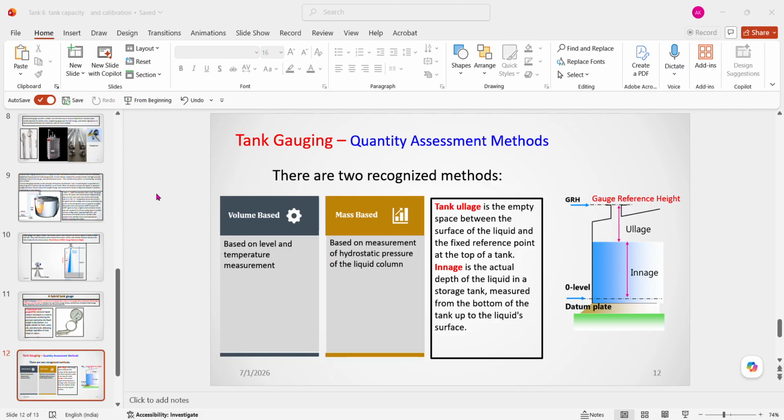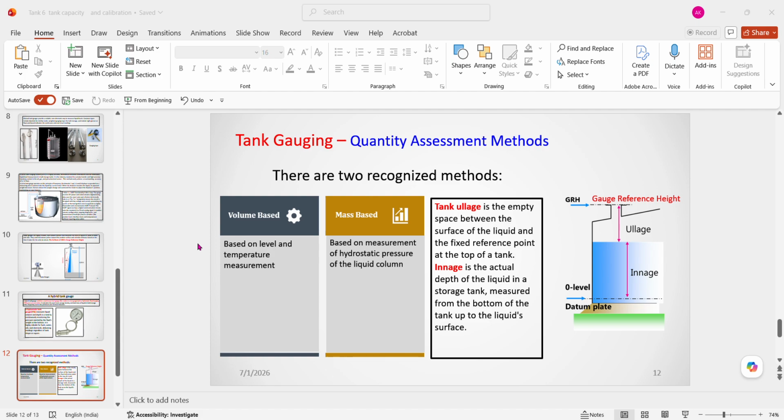The technologies are manual gauging, float and tape gauging systems, servo tank gauge systems, and ATGs. We have already discussed the servo tank. What is a servo tank? A motor lowers a float, and when it touches the fluid, you come to know. Then radar, which I have already explained: the signal goes, touches the surface, and echoes back.